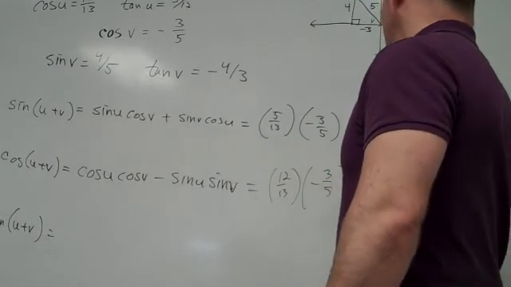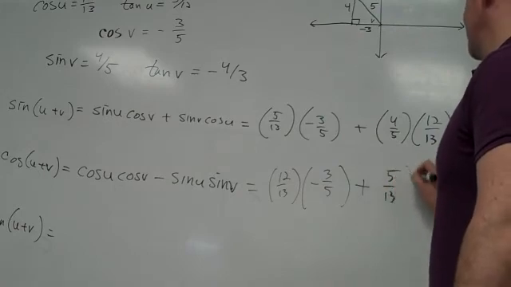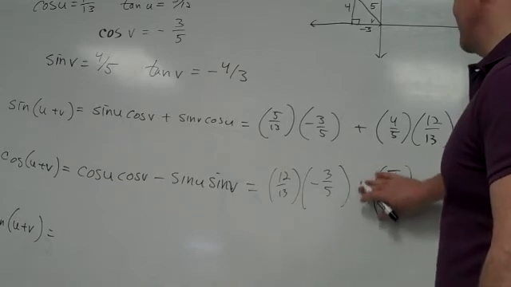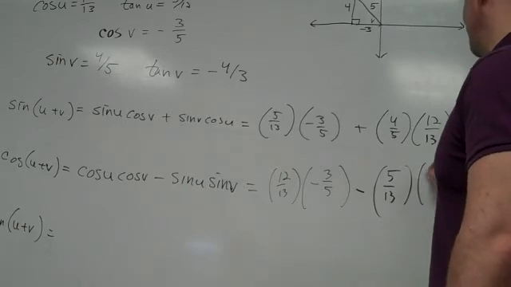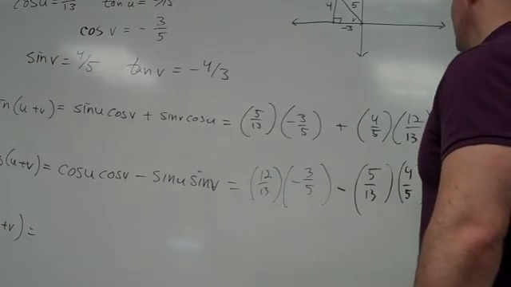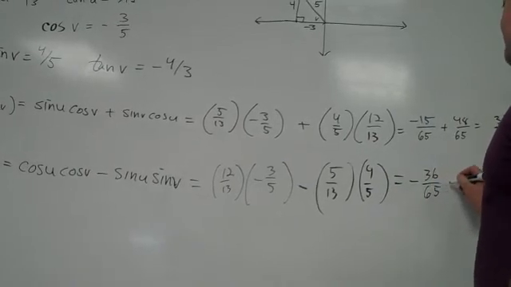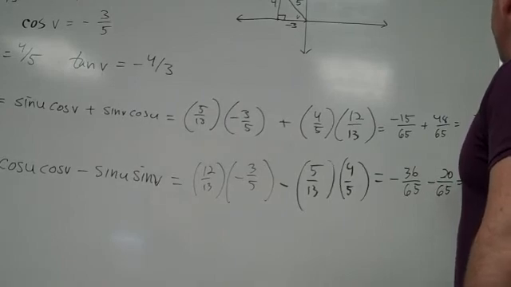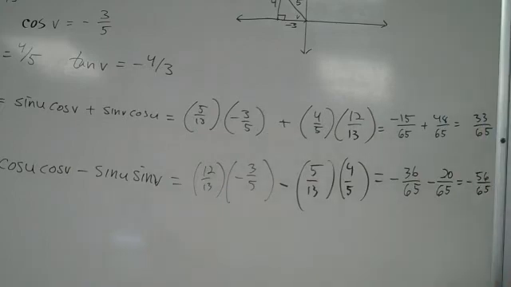Negative 3/5, minus sine of U, which is 5/13, sine V, which is 4/5. Okay? So that's going to be negative 36/65 minus 20/65. So that is negative 56/65, which is harder to say than it is to write.